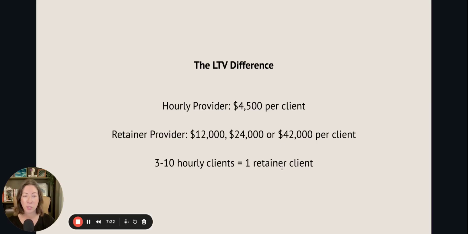But I wanted to walk you through this math because sometimes seeing it visualized like this helps you really see, okay, yeah, if I were to increase, so say for example, if you're still hanging out in the hourly provider realm, if you go from $75 to $90 an hour, right? And we're going to do the exact same scenario. It's 900 bucks a month, and we're going to bump them out to 6 months. You're at $5,400 per client. That's great.